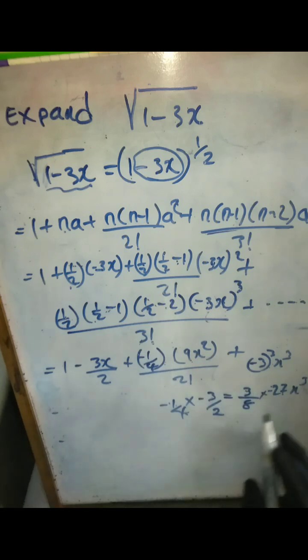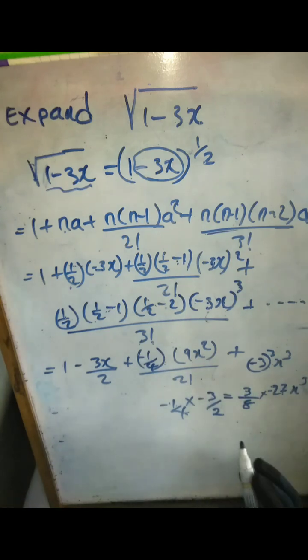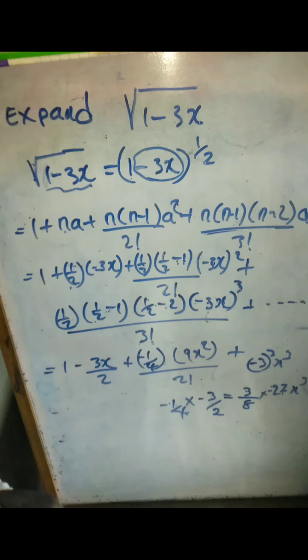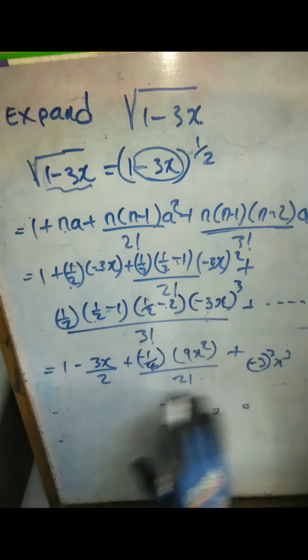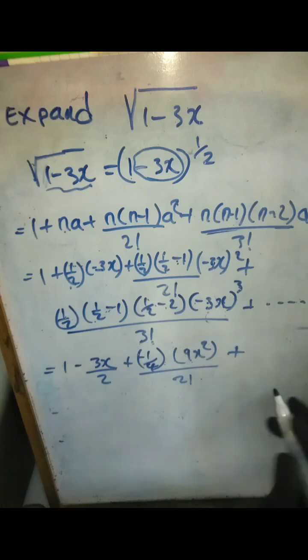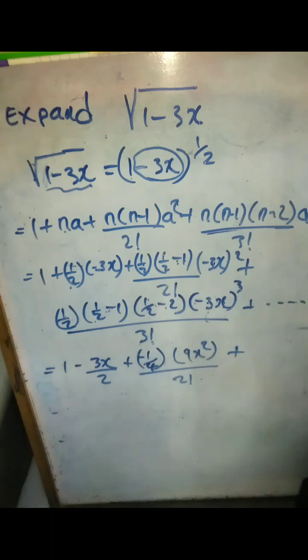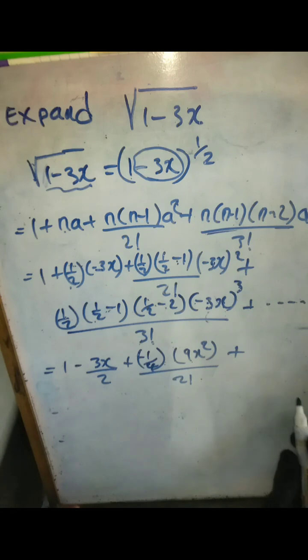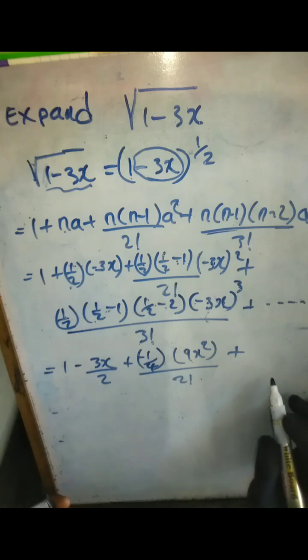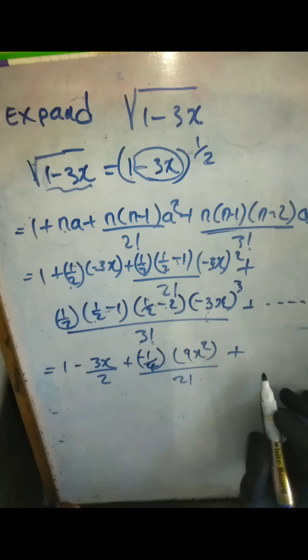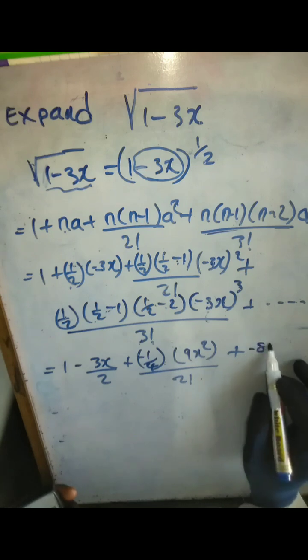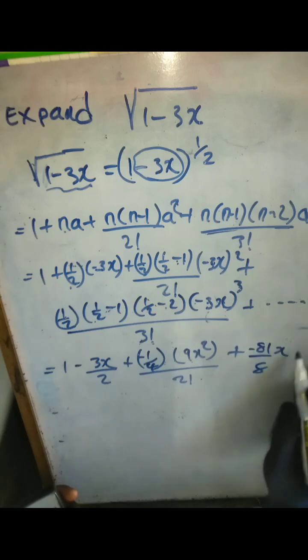So again 3 times 27, you get what value? 3 times 27, you get 81. So here we're just getting 81 over 8. So we're going to get negative 81 over 8, then x to the power 3.